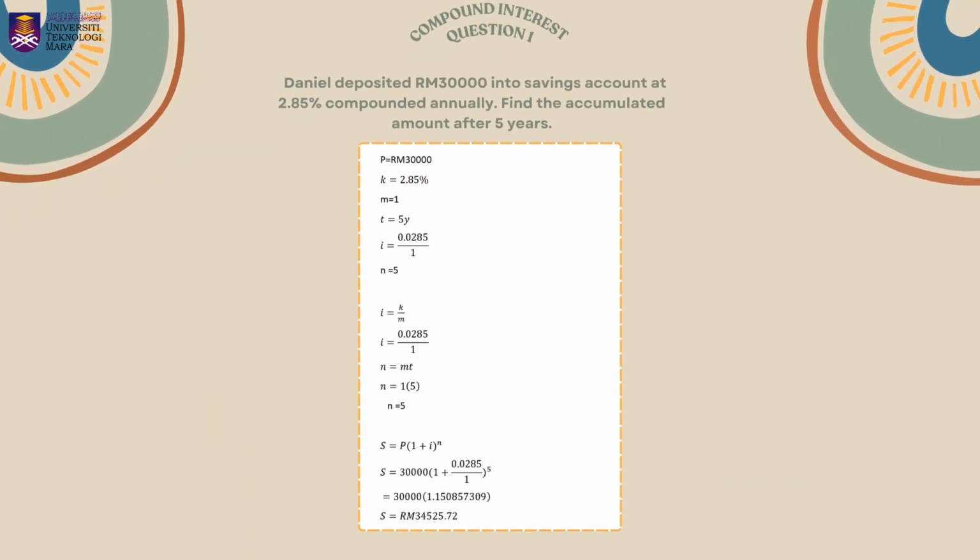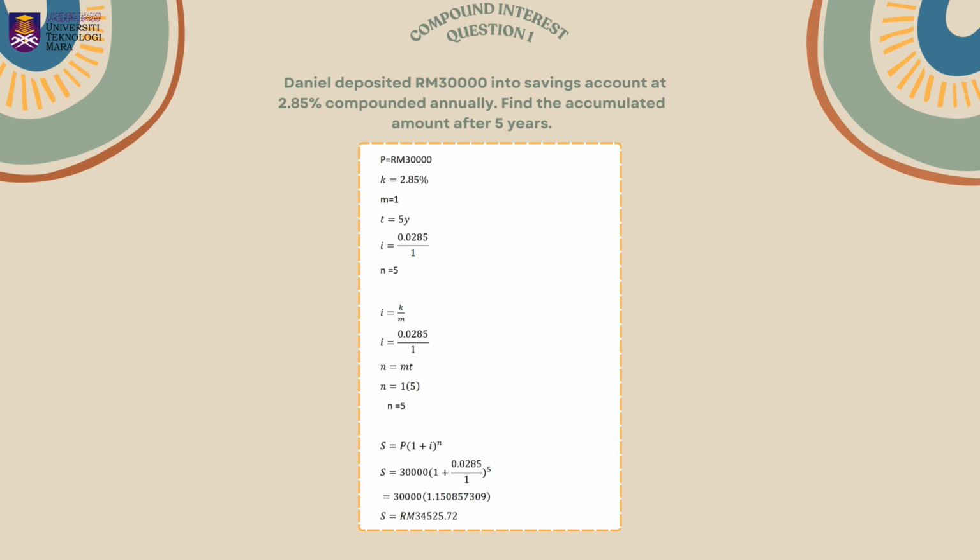Question 1 for compound interest is: Daniel deposited RM30,000 into a savings account at 2.85% compounded annually. Find the accumulated amount after 5 years. So, principal is 30,000, k equal to 2.85%, m equal to 1 because it's compounded annually, t equals 5 years, i equal to 0.0285 over 1, and n equal to 5.